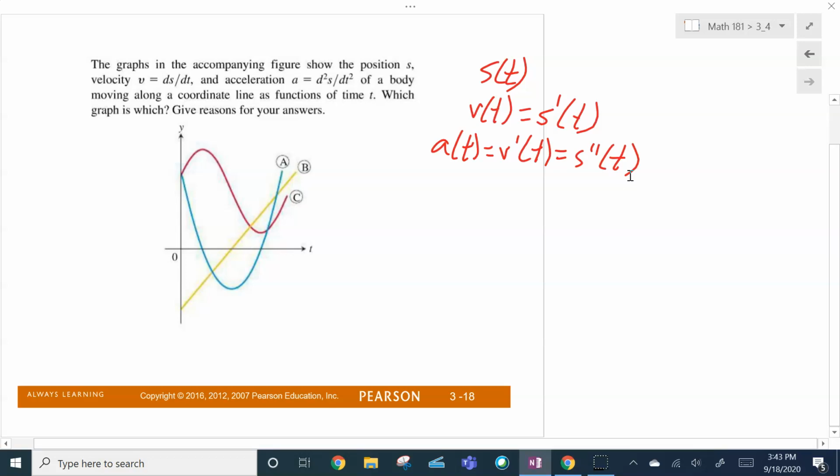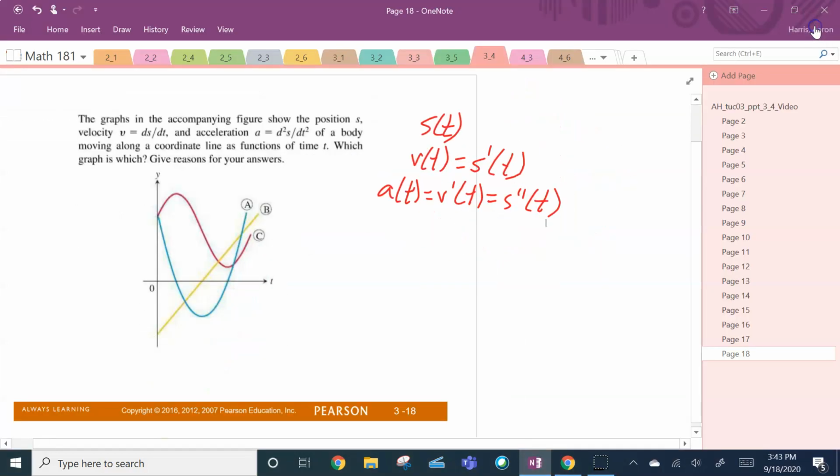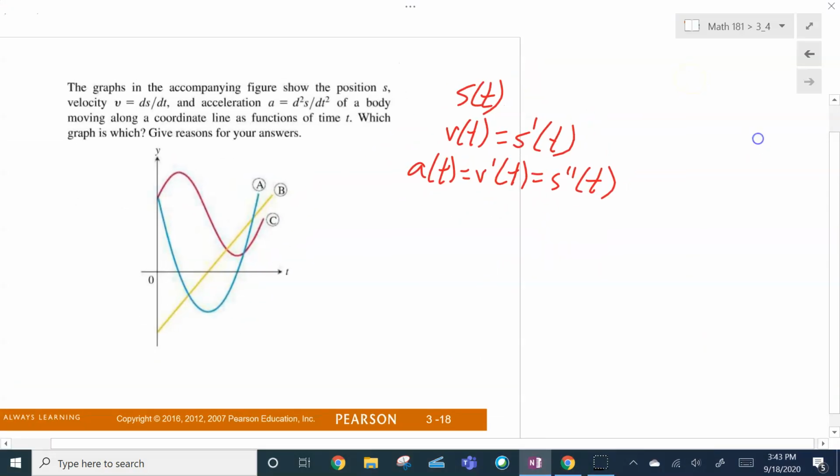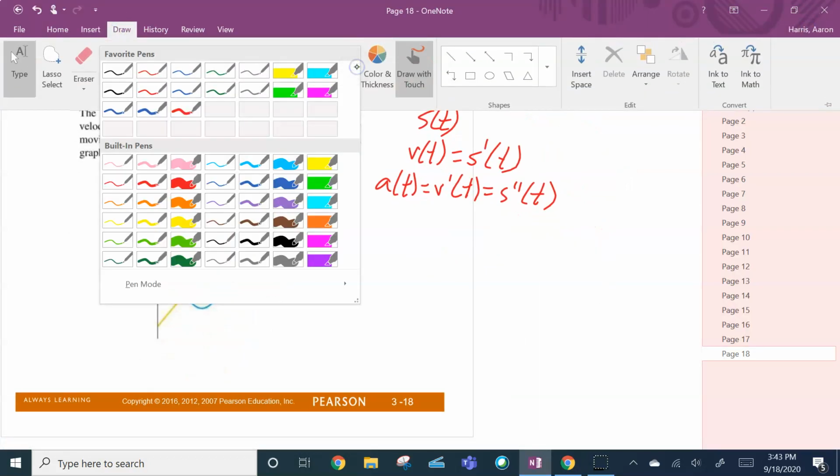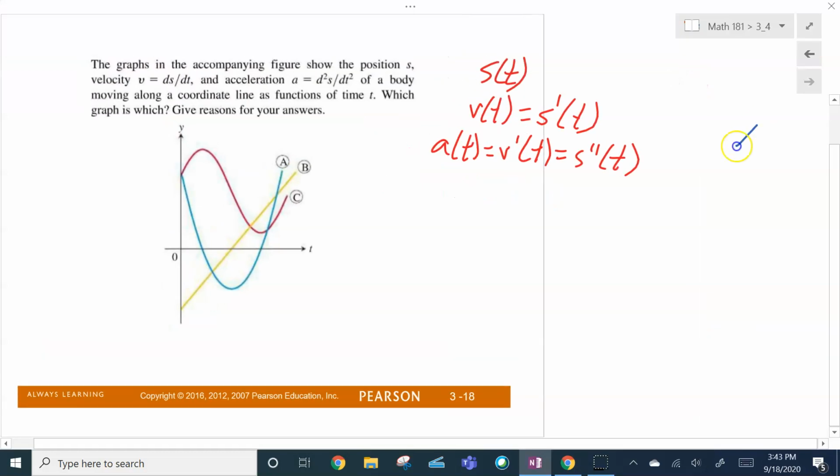So like that red one there, C, it looks like a cubic function, right? If it's a cubic function, the red one, C, then when I take its derivative, it's quadratic.